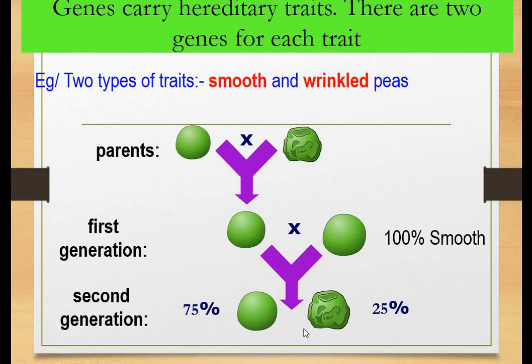And that means that this gene was present inside this pea, but it was recessive. It was not visible. Smooth genes dominated the recessive wrinkled gene. So there's just an example.